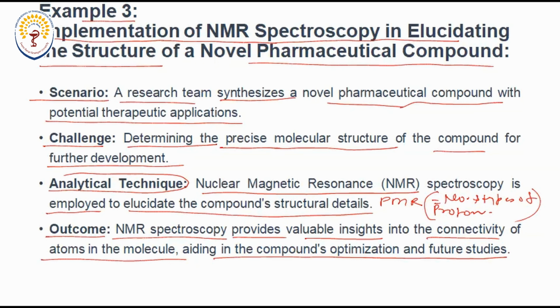NMR will confirm the number and types of protons, H. Mass will confirm the molecular weight, and so on. So different techniques are applied, but as this is a case study, I'm just giving you an example to understand how mass is solving the problem of structural elucidation.